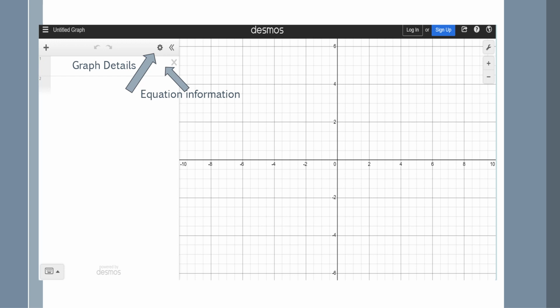Also, click on the keyboard to type in quadratics, exponentials, all of that stuff. We're going to zoom in and zoom out over here, and your settings for your graph is going to be right there.